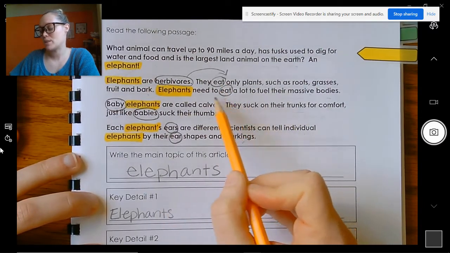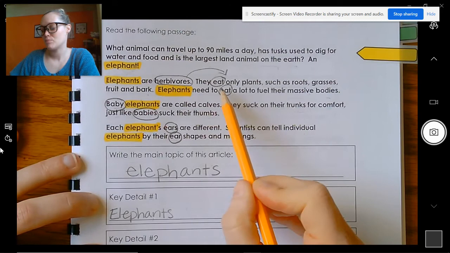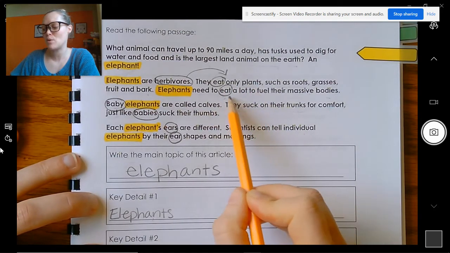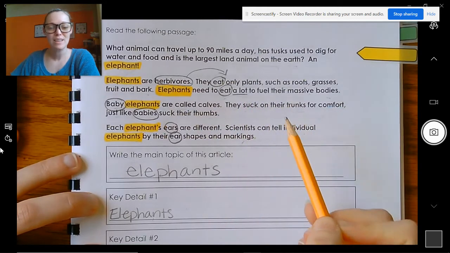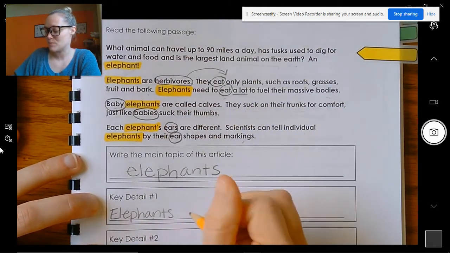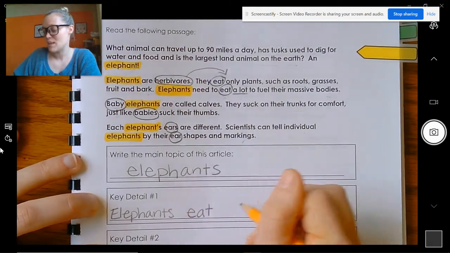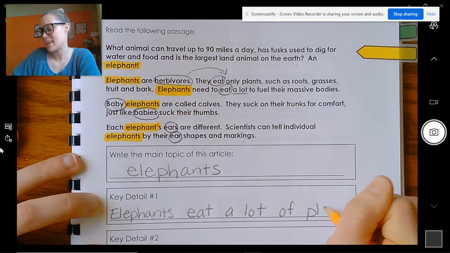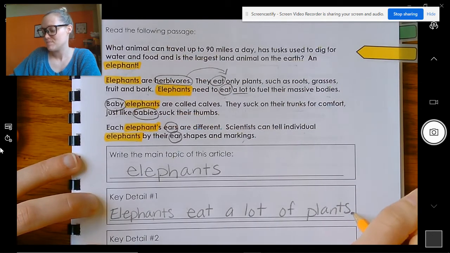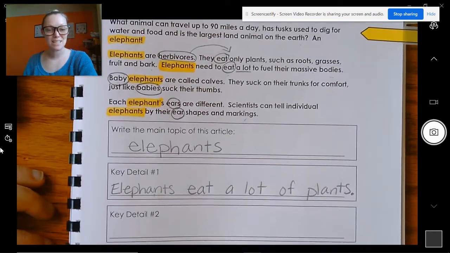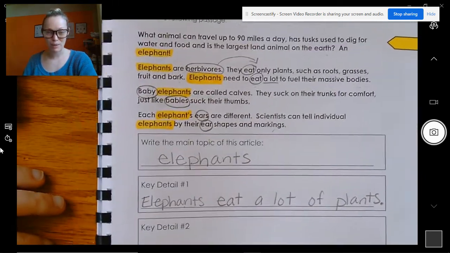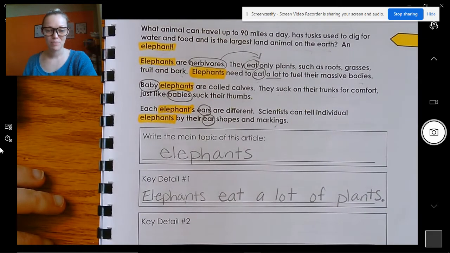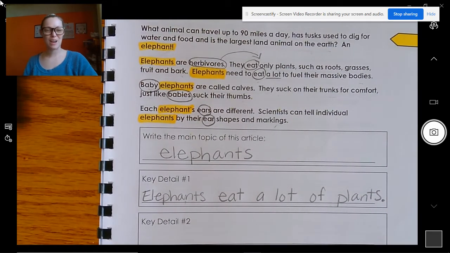So I am going to say elephants only eat plants, but I want to also keep in mind they have to eat a lot, right? So I'm going to say elephants eat a lot of plants. That was a key detail, that elephants eat a lot of plants. Go ahead and press pause and write that now.